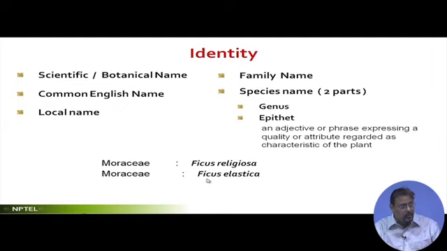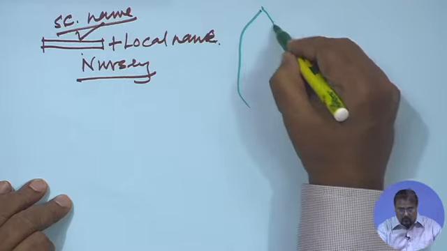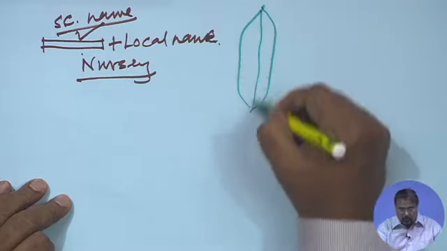So, similarly, look at the Ficus elastica. Here the plant, this is rubber plant which grows to a great height, great size, and the leaf looks like, if I draw, it's like this.